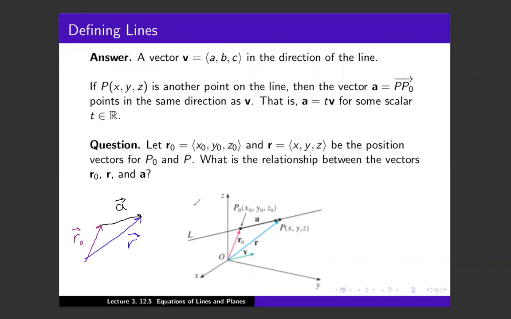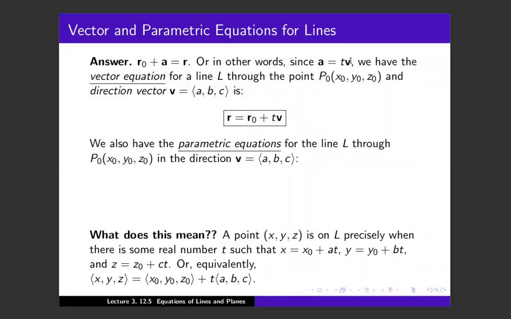Well, if you stare at that for a little bit, you'll notice that this is just the simple tip-to-tail geometric interpretation of adding vectors. We see that R is actually R naught plus A. Putting this another way, keeping in mind that A is parallel to the vector V, A is T times V because they're parallel.